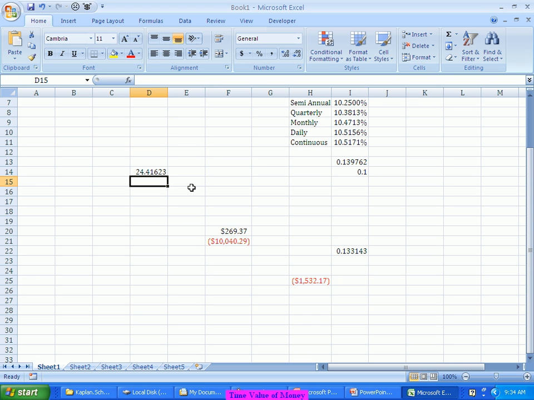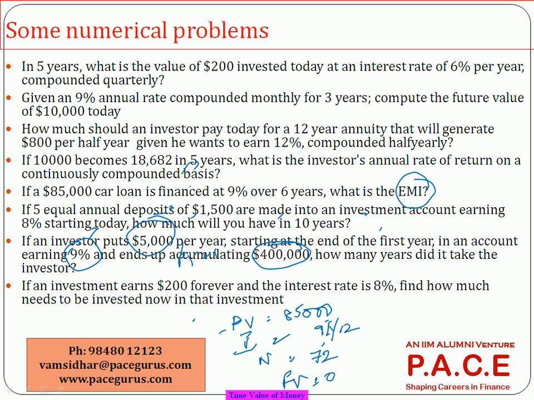Right? So like this example itself. And what about the next? If an investment earns 200 forever, whenever we are talking of a forever kind of investment, not just 20 or 25 years, but forever, typically like the dividends on an equity investment. As long as your investment in the company continues, there is no end to it.